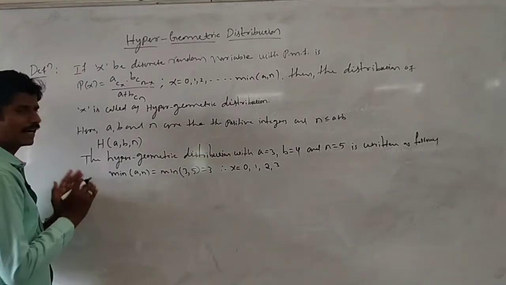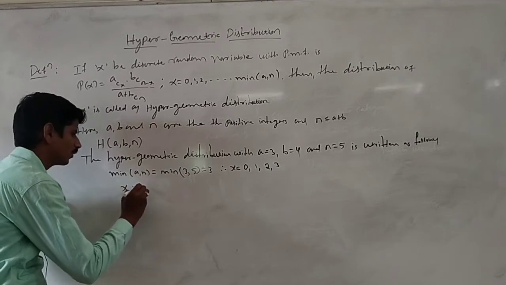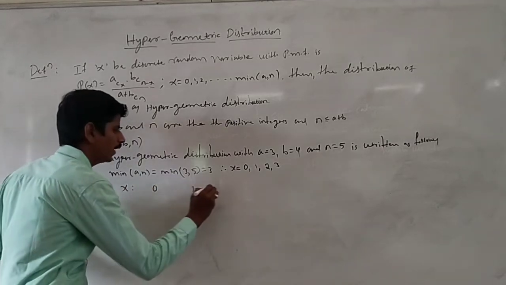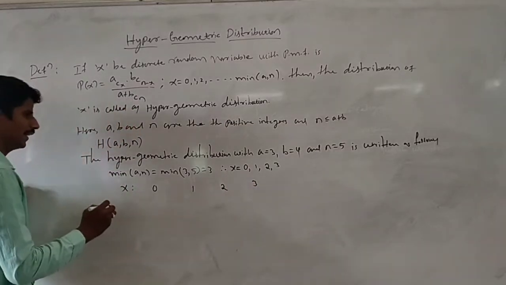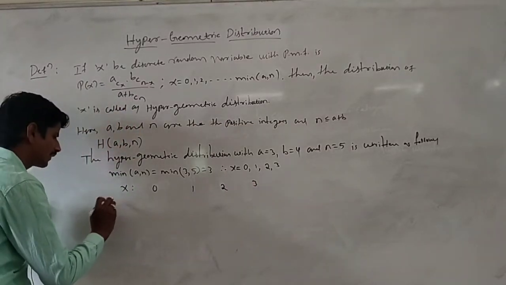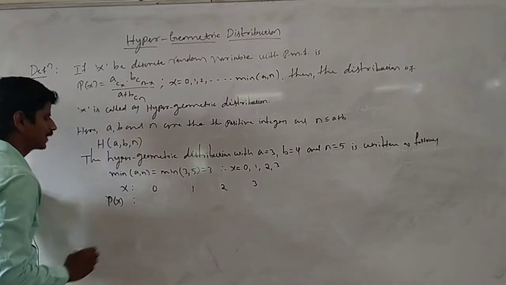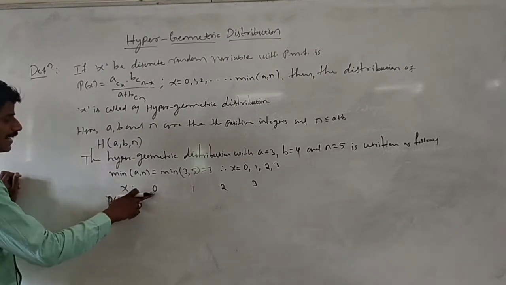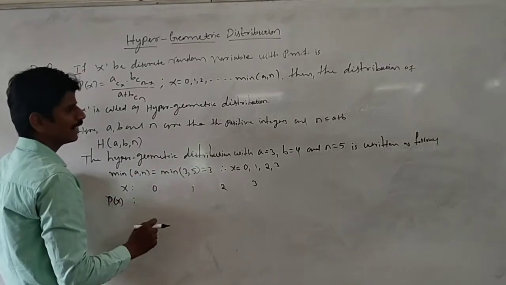Okay, here you have to write the hypergeometric distribution. Here x takes the values 0, 1, 2 and 3. With respect to p of x, substitute x equal to 0 and substitute the values a is 3, b is 4 and n is 5.